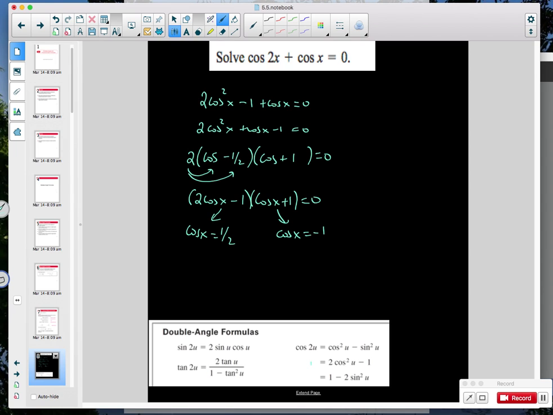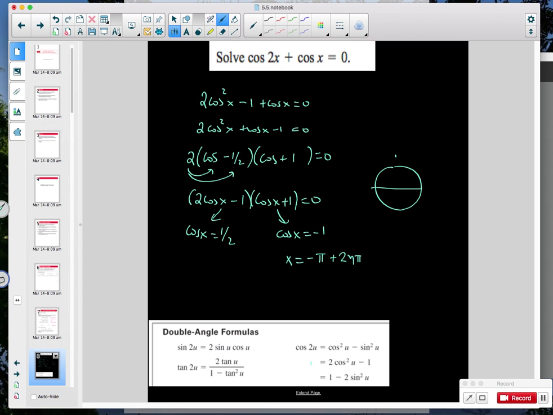From cosine x equals negative 1, I only get one answer, that x equals negative pi. Is negative pi enough here, or do I need to do something else? Yes, plus 2 pi n. So this is the negative 1 for the cosine, which is pi.